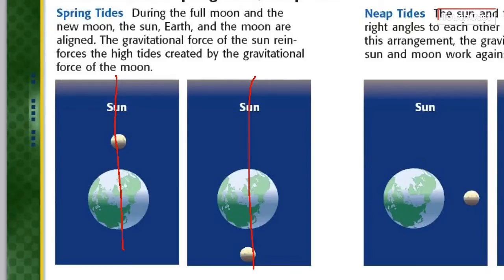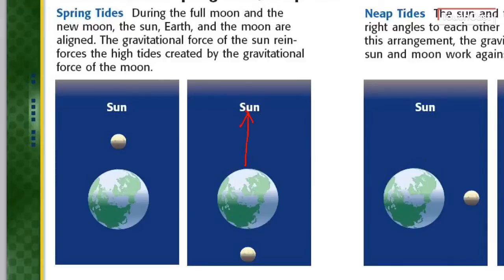And if high tide is even higher because it's getting its water for high tide from the sides of the earth that are over here, that would be the reason for the really low tides in those places. But when they're lined up, in a straight line with one another, they're working together. So as you can see here, the sun is pulling up on the surface of the earth.